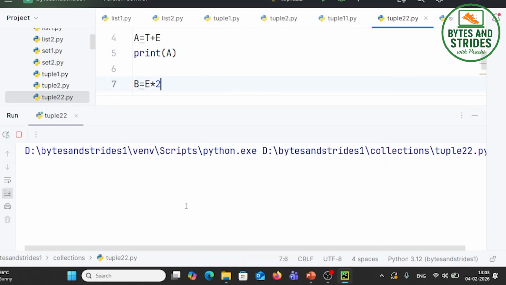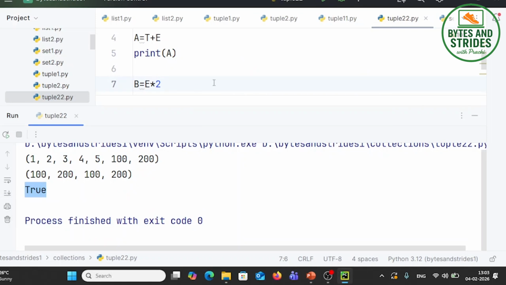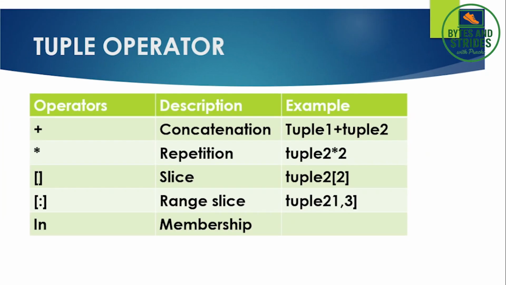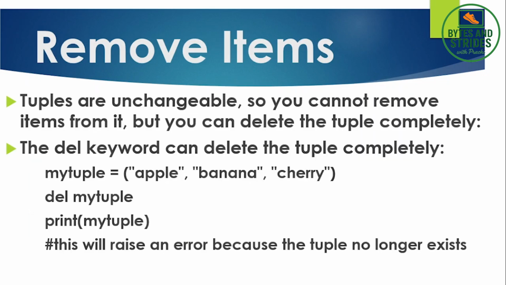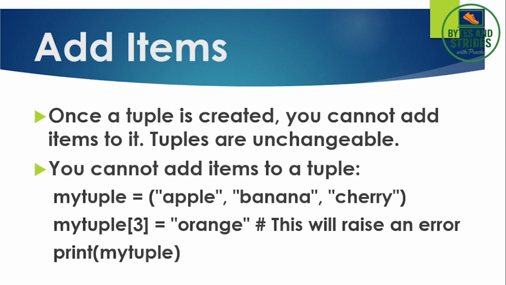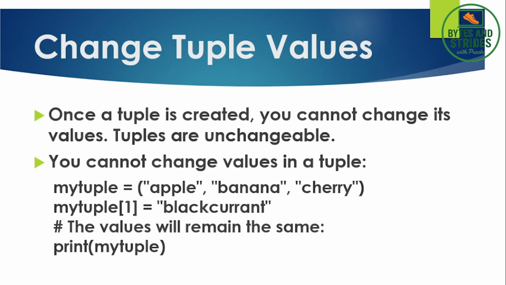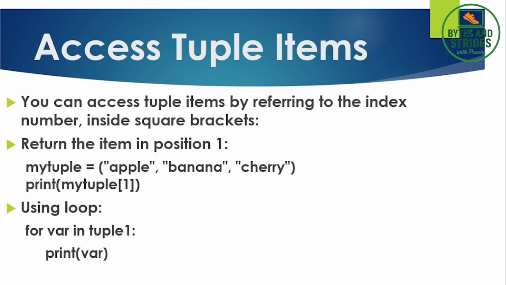So it will say true. Correct? So you can perform concatenation, repetition, slicing and all using a tuple. Okay, you cannot remove elements, you cannot add elements, so you cannot change the tuple values.